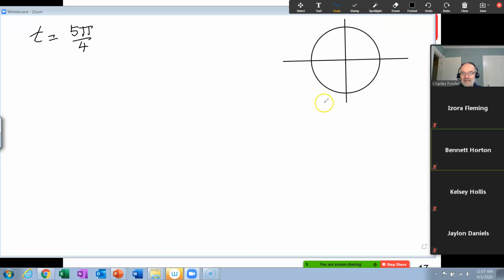Now if you recall, this is 1/4 pi, 2/4 pi, which is half pi, 3/4 pi, 4/4 pi, which is pi. 5/4 pi would be right down here, somewhere right in there.